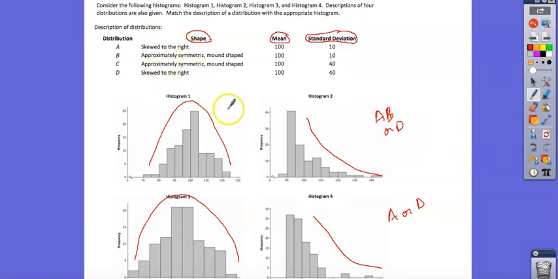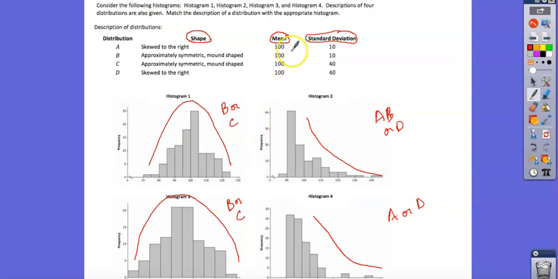And these are mound shapes, so this has got to be B or C. And this one would have to be B or C. Okay? So B or C.